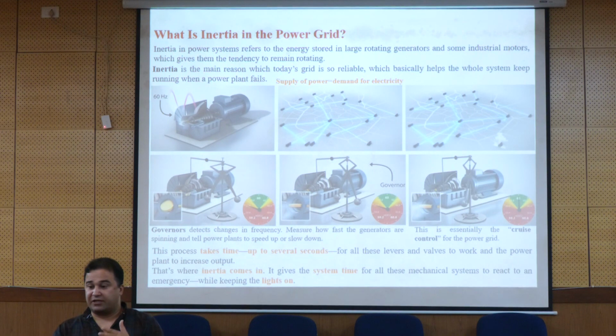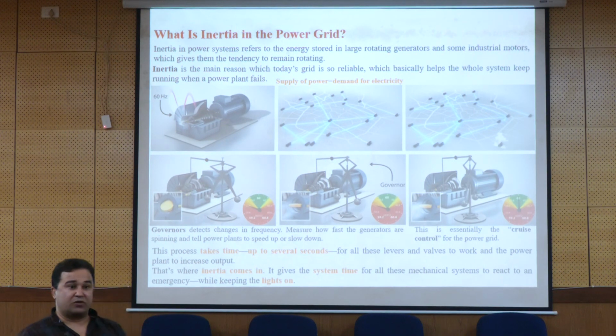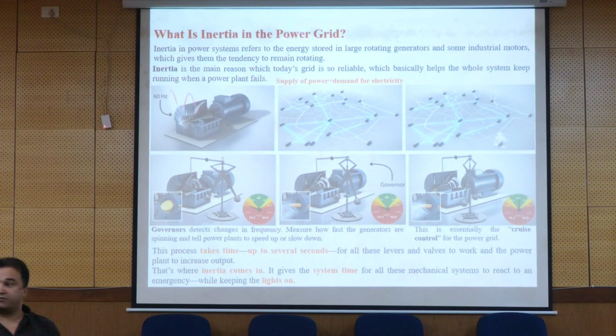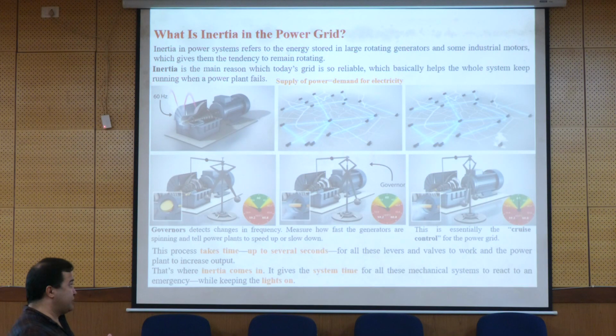This is because the loads are constant, but generation reduced, so generation is less than consumption. Then the governor detects it and provides the information to the generator to increase the speed to compensate for these changes. We need this because we have mechanical devices. We detect it, and based on that we react.